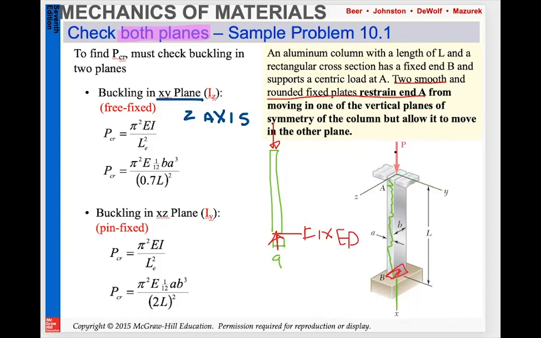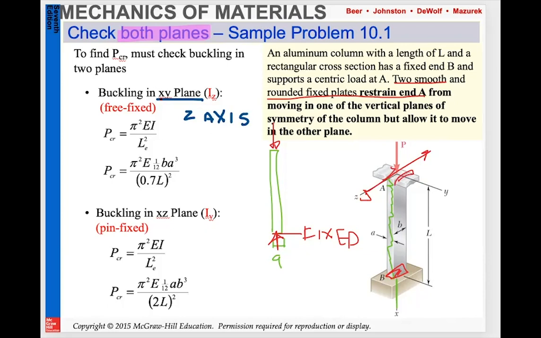If you look at this, basically on this axis, you can see that that whole thing can sort of move in either way. It's not restrained in any way. But in the other way, it cannot move because you have these two rounded things that don't allow it to move. So it can move along Z, it cannot move along Y.